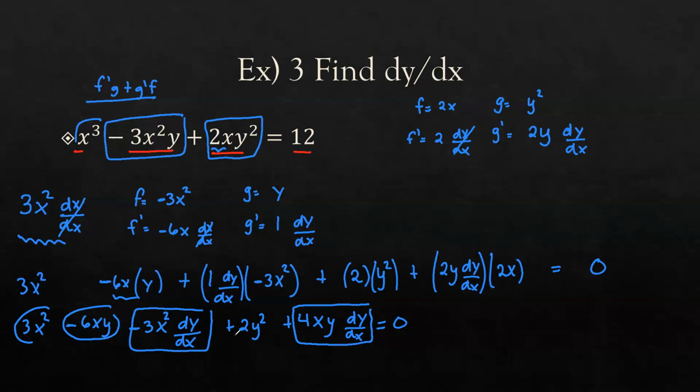Starting with this 2y squared, to move it to the other side, you have to subtract 2y squared. Same thing with this negative 6xy. To move it to the right, you have to add 6xy. And then this 3x squared, subtract 3x squared. I'm going to need more space, so I'm going to go ahead and pause. I'm going to erase this part right here because I'm running out of space.